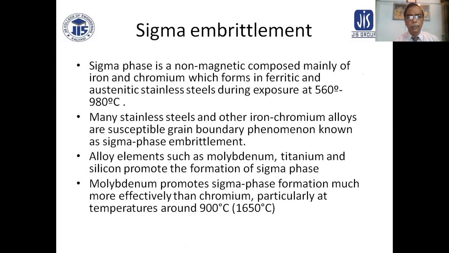Sigma embrittlement. Sigma phase is a non-magnetic compound composed mainly of iron and chromium, which forms in ferritic and austenitic stainless steel during exposure at 560 to 980 degrees centigrade. Many stainless steels and other iron-chromium alloys are susceptible to this grain boundary phenomenon known as sigma phase embrittlement.